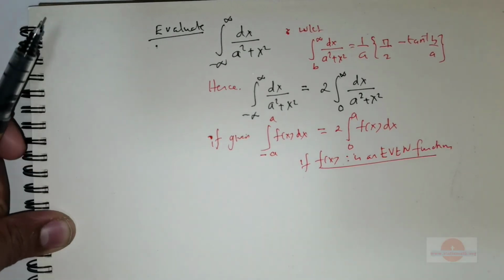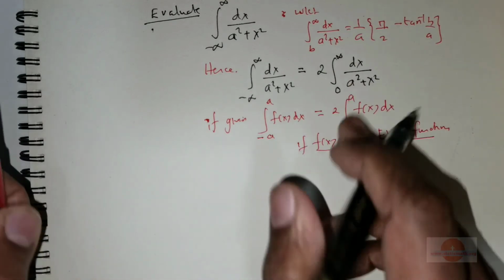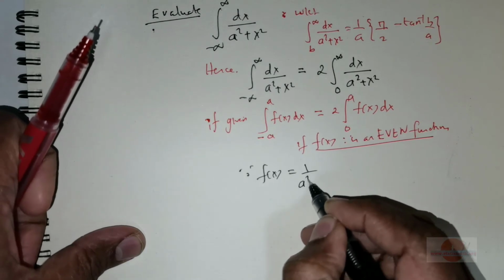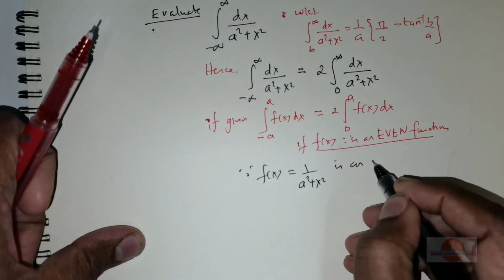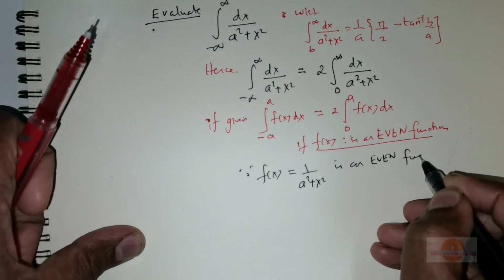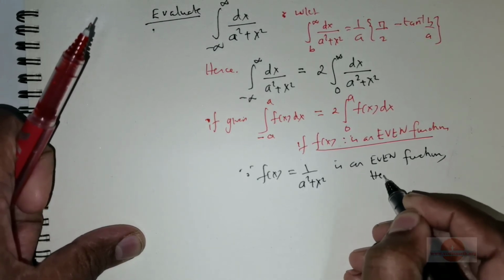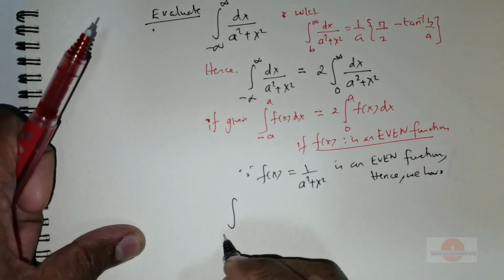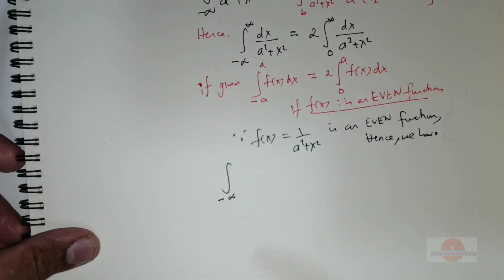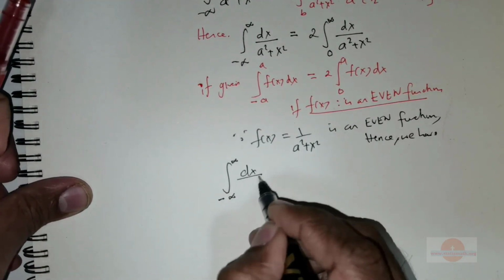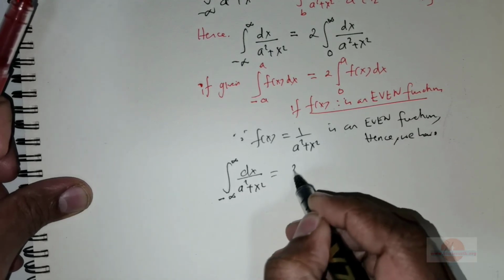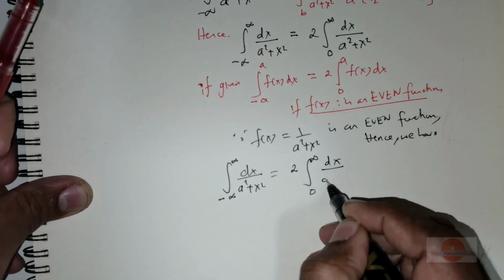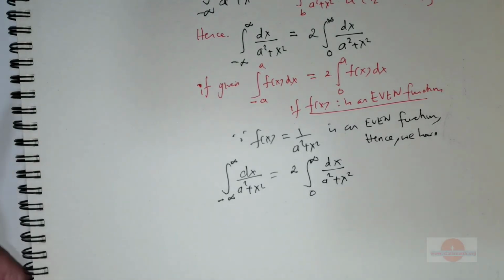Now clearly in this case, f of x equals 1 over a squared plus x squared, which is an even function. Hence the integral from negative infinity to infinity of dx divided by a squared plus x squared can be rewritten as 2 times the integral from 0 to infinity of dx divided by a squared plus x squared.